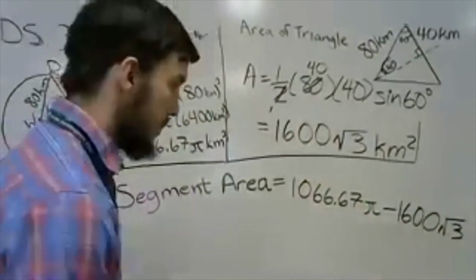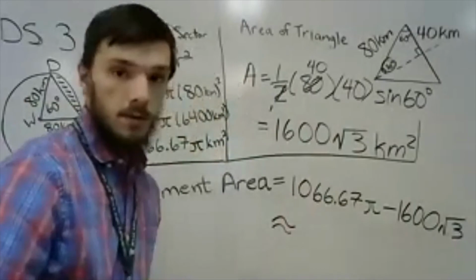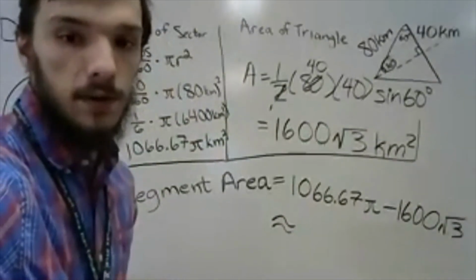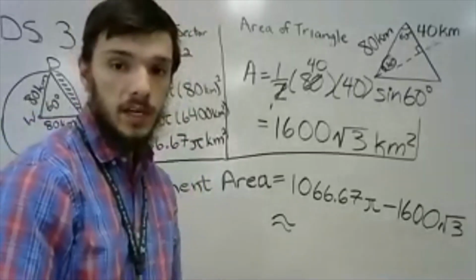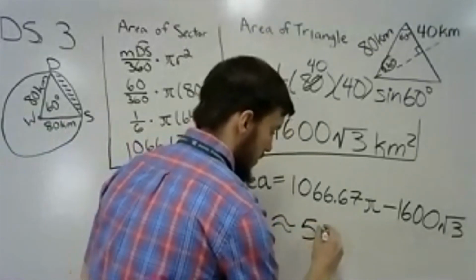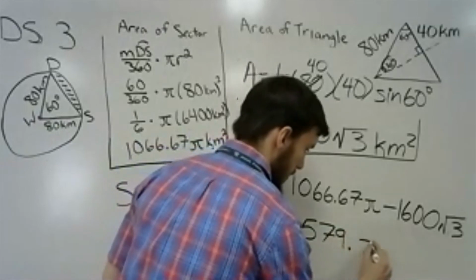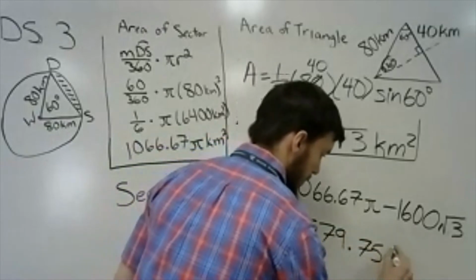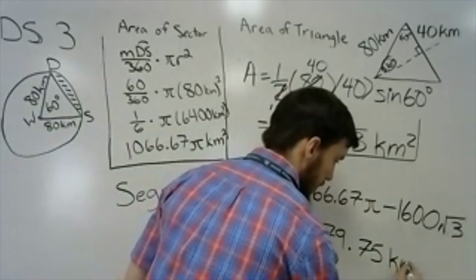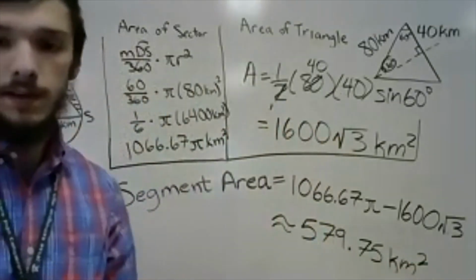Okay. And when we subtract that out, we get about 579.75 square kilometers. Okay.